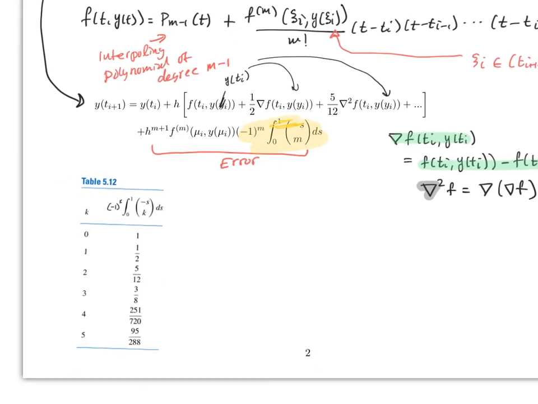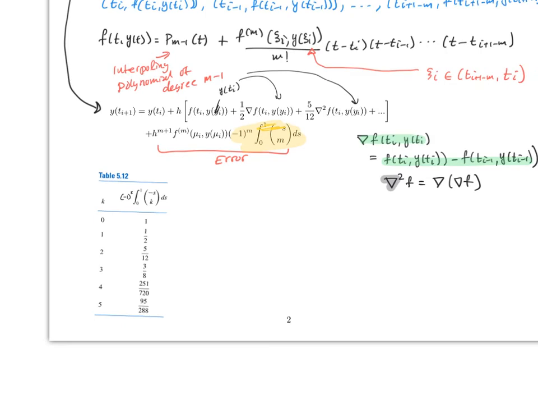For example, if the value for k is equal to 3, this highlighted part is just 3/8. You can expand the whole thing yourself and see for yourself, but you can just use this table to make your life easier when you need to compute these values.